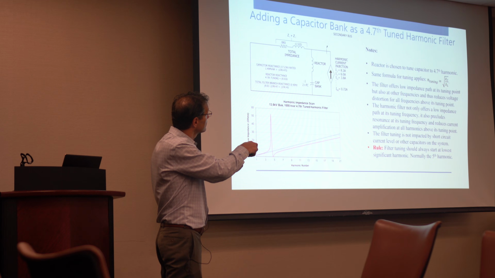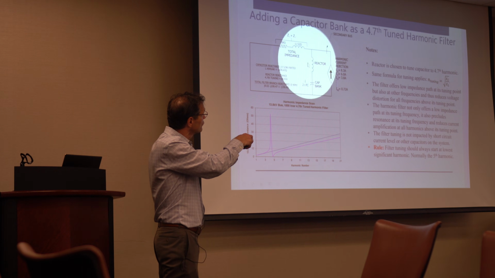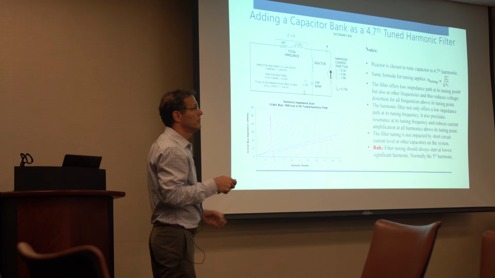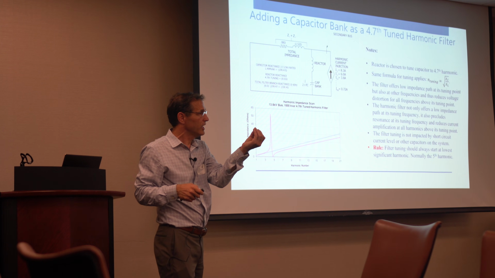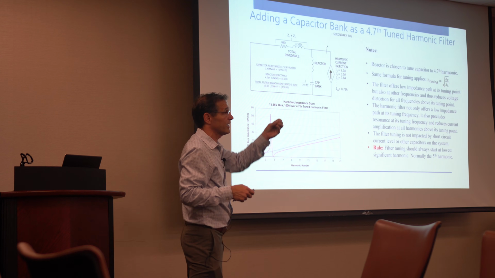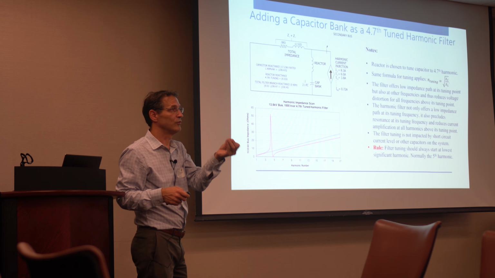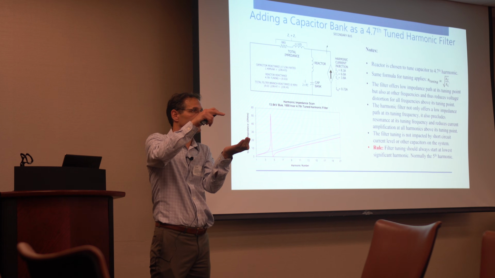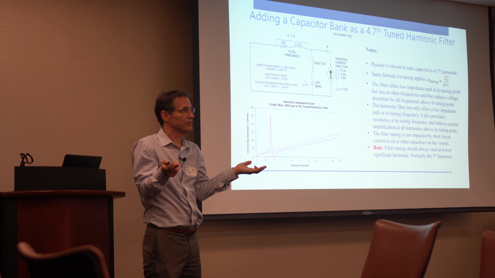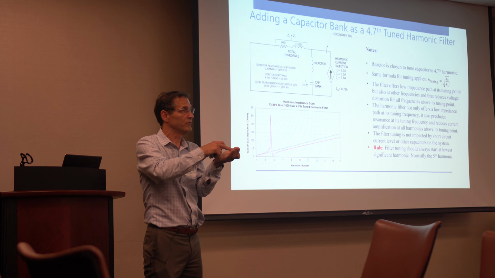The other thing is as the filter draws harmonic current in here, okay, you're going to have the harmonic current, the value of amps times X of C, right? And you're going to get a voltage rise at each one of those harmonics. And those peaks will all have to be added together, and you have to make sure that the harmonic filter, okay, the capacitor rating, is above that value.